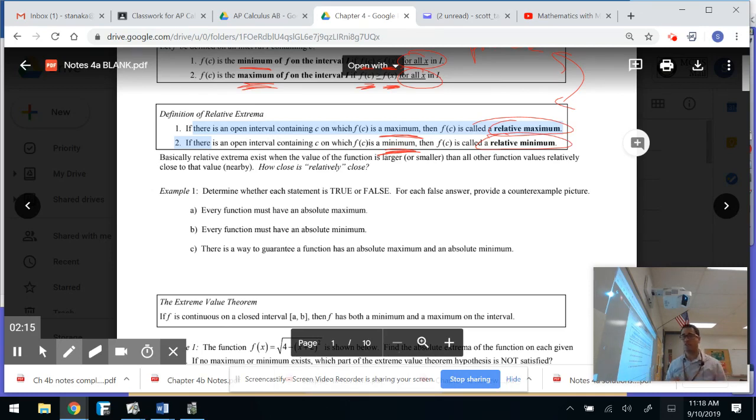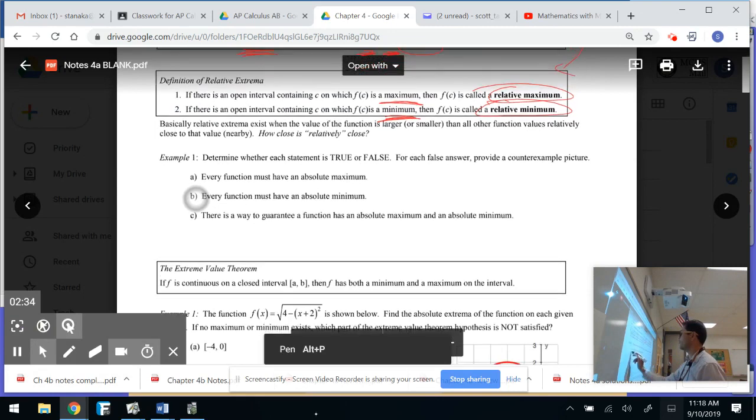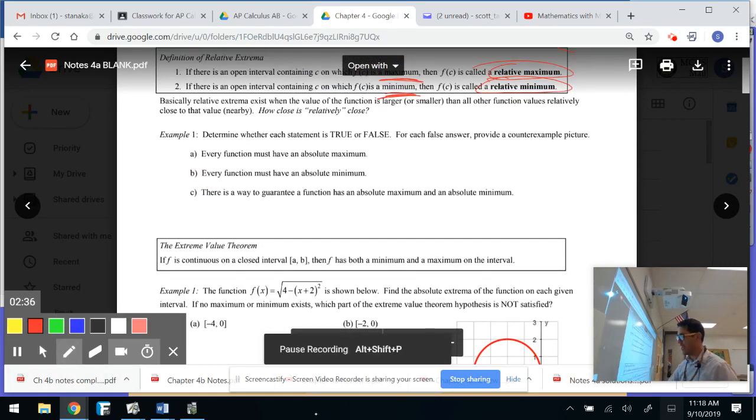We want to be very good at using the calculus language, okay, class? Basically, relative extrema exists when the value of the function is larger or smaller than all of the other function values relatively close to that value. How close is relatively close? So let's look at this. It's kind of this whole first couple pages, you guys, is definitions, terminology, etc.